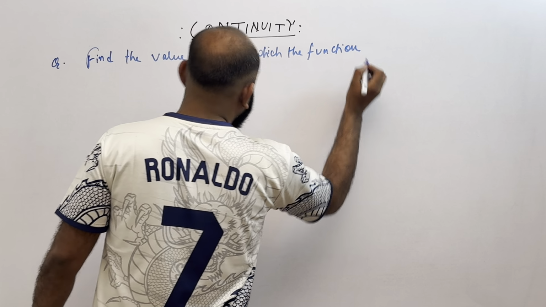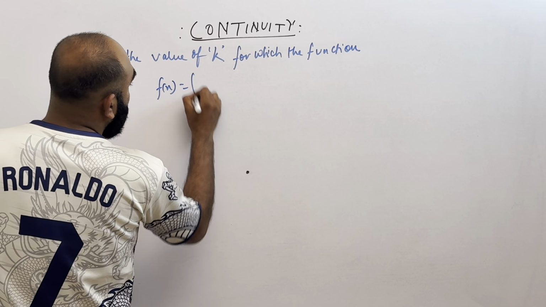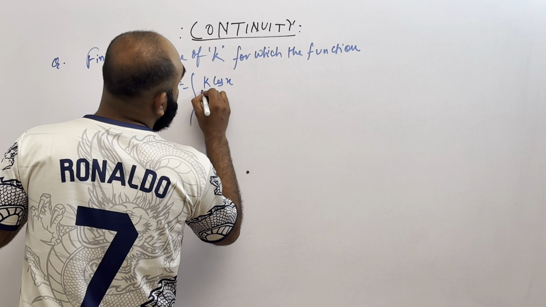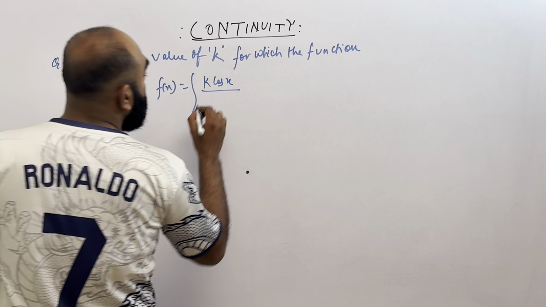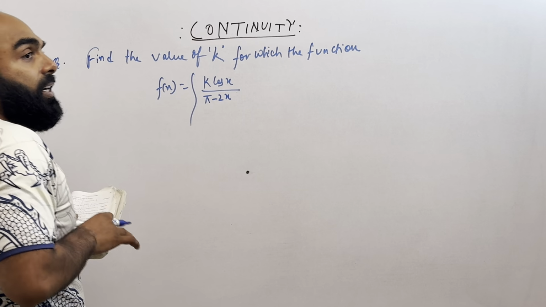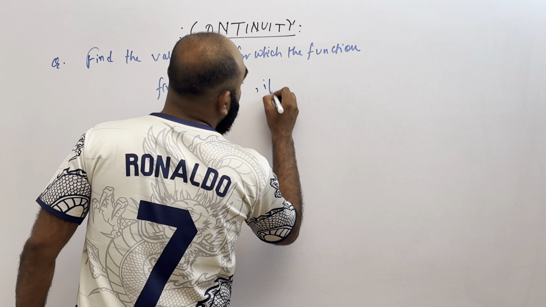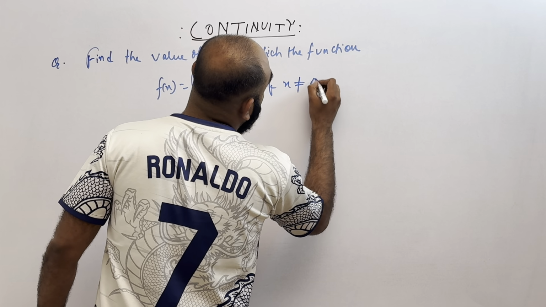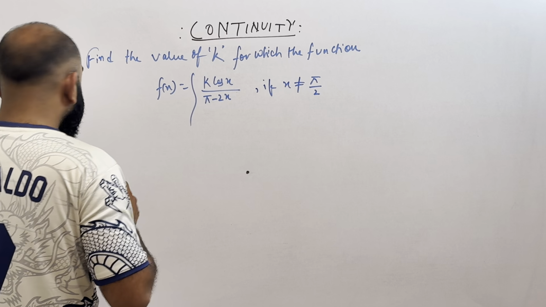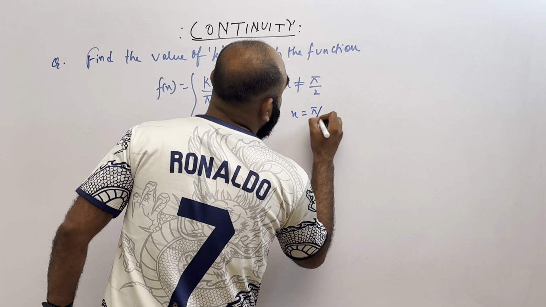For which the function, sir, function is f of x and this function is k cos x divided by pi minus 2x. This function is valid if x does not equal pi by 2. And f of x is equal to 3 if x is equal to pi by 2.